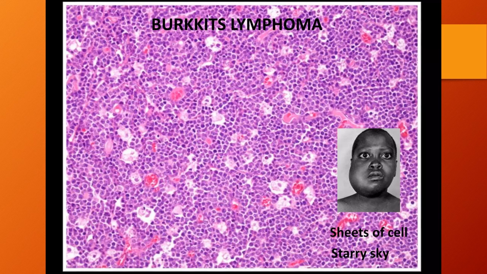Here individual cells are apoptotic with the presence of macrophages engulfing them. So this tumor is highly dividing and very aggressive, classically seen in Burkitt's lymphoma, where this starry sky appearance denotes aggressive and high mitotic activity.